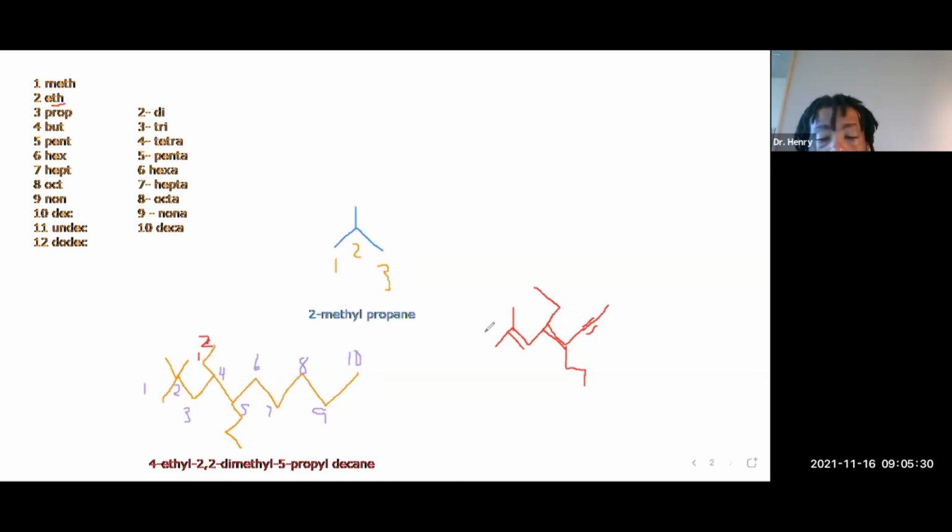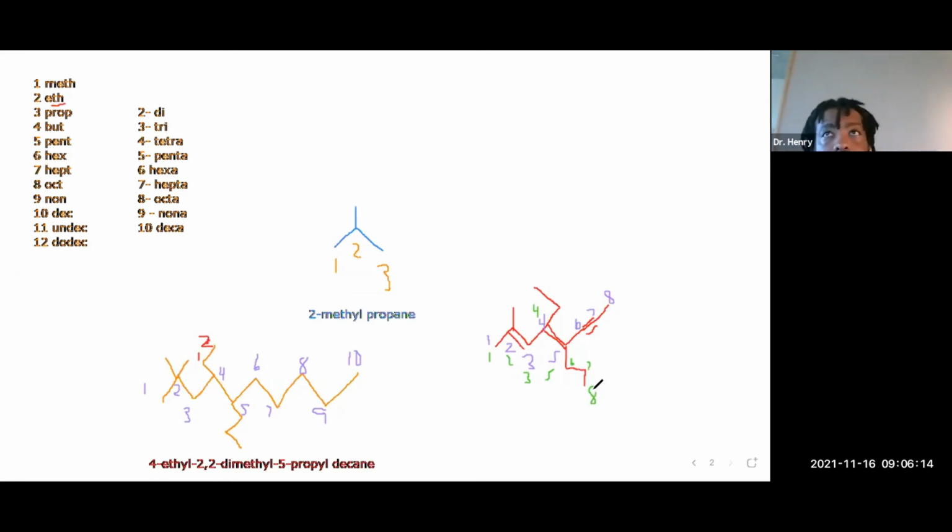We also want to make sure that our double bonds, since they have priority, get the lowest number. So that's 1, 2, 3, 4, 5, 6, 7, 8. Or we could have done it like this, again 1, 2, 3, 4, 5, 6, 7, 8.